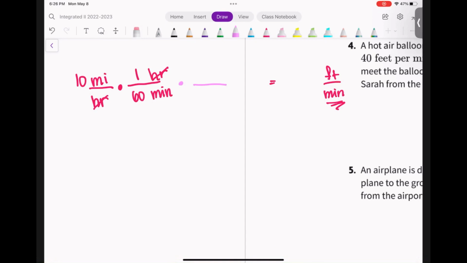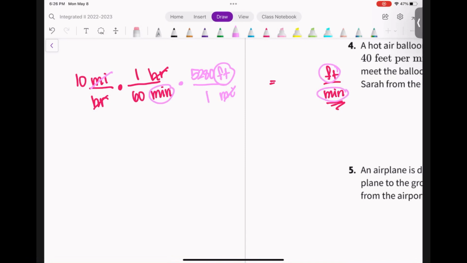So I want feet on top, and I'm going to divide out by miles so that they will cancel as well. And then I ask myself how many feet in a mile, and I put 5,280 feet in 1 mile. Now I have everything that I want. I have feet where I want feet to be, and minutes where I want minutes to be.